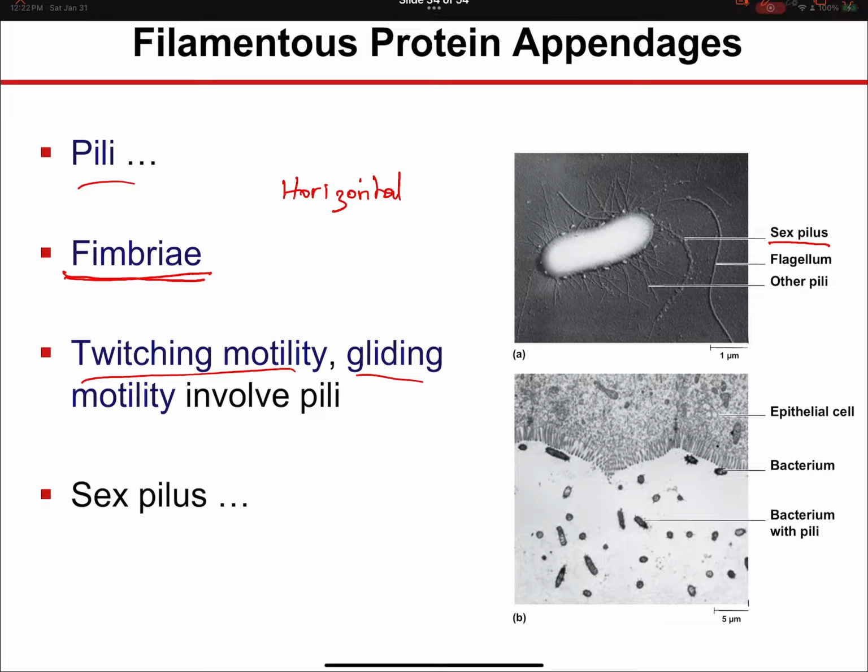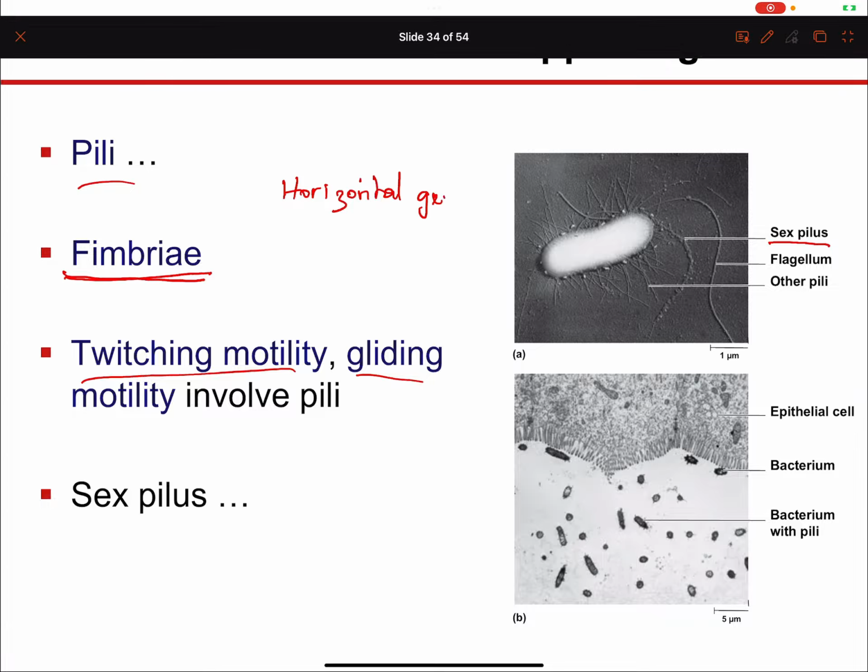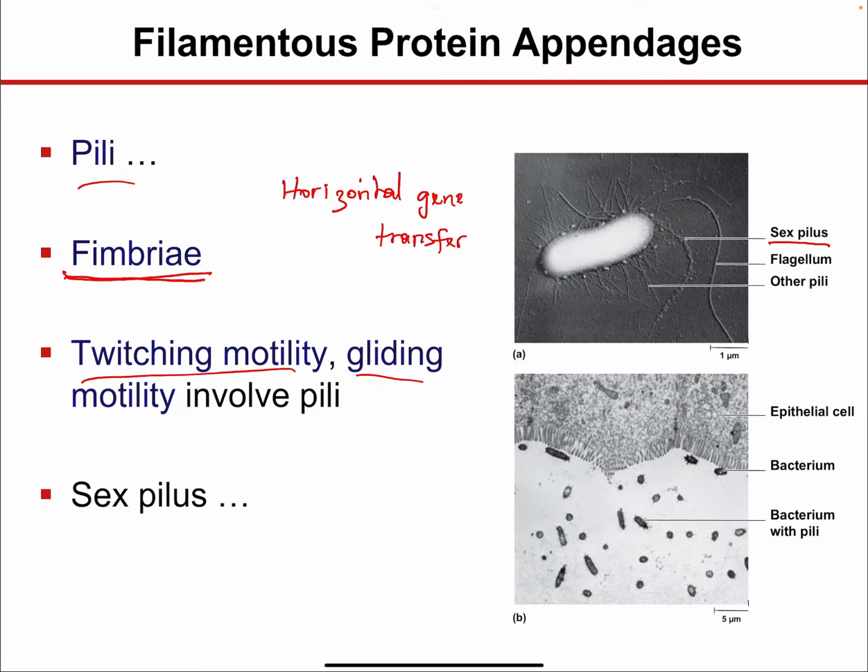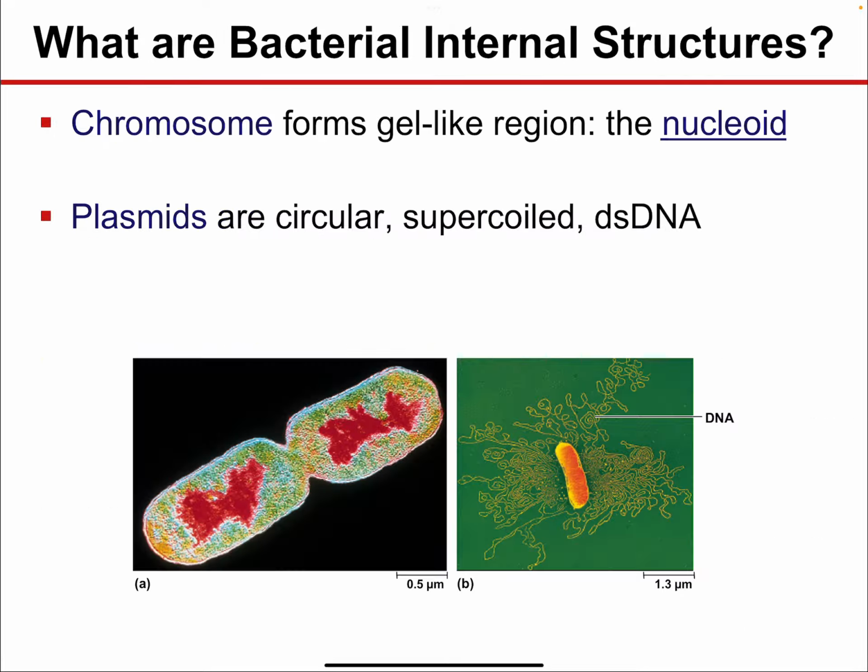Horizontal gene transfer is when bacteria allow a transfer of genetic information from one cell to another cell, from cell A to cell B.